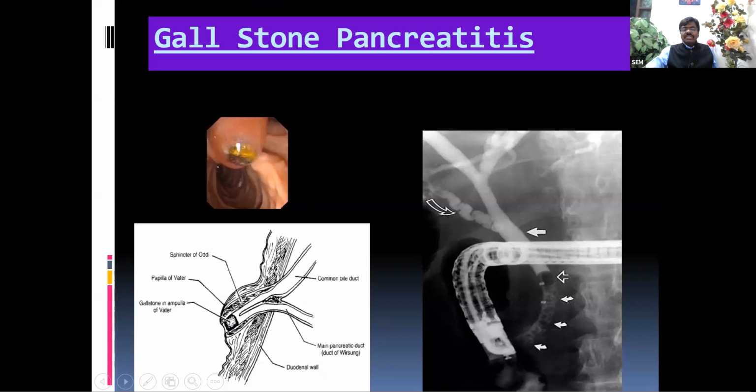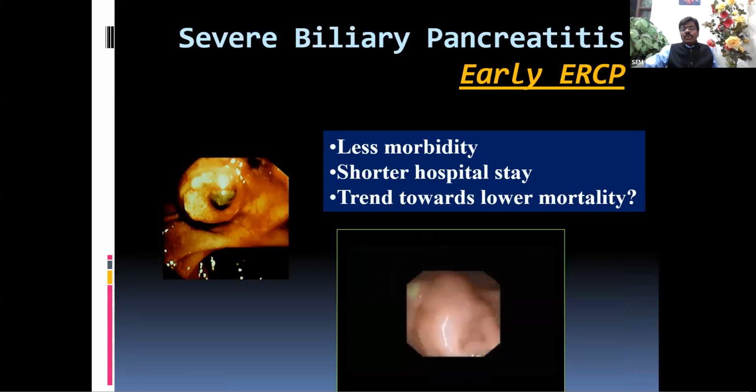And this is the last thing, I already told you, a stone right here at the end of the bile duct can cause reflux of the bile from the biliary duct to the pancreatic duct, causes gallstone pancreatitis.